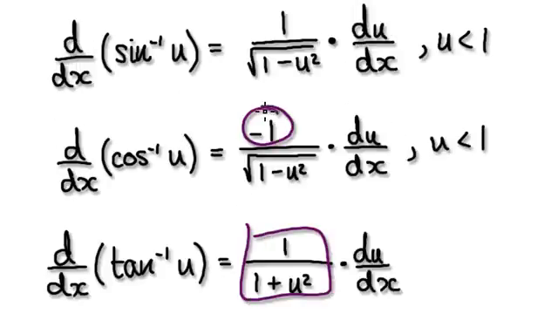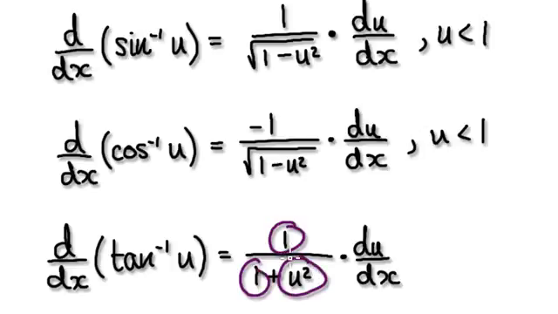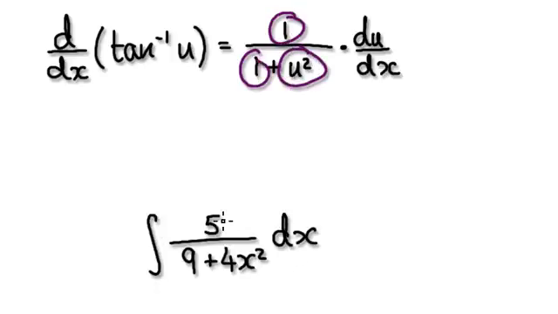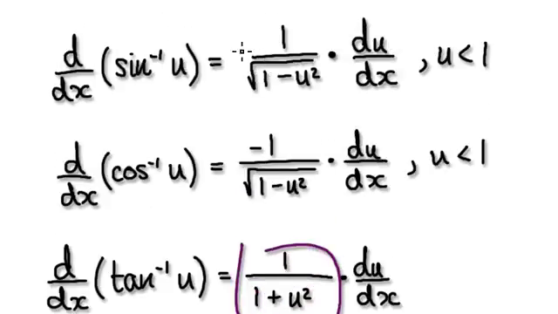Because if you look at this, here you've got -1 divided by the square root of something. Here you've got +1 divided by the square root of something. But then here we've got 1 divided by 1 plus something. So this is really of this form here, as opposed to these two forms.